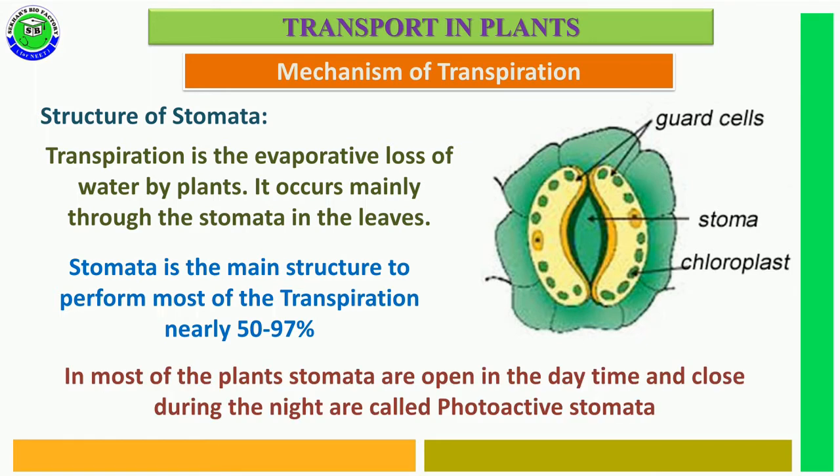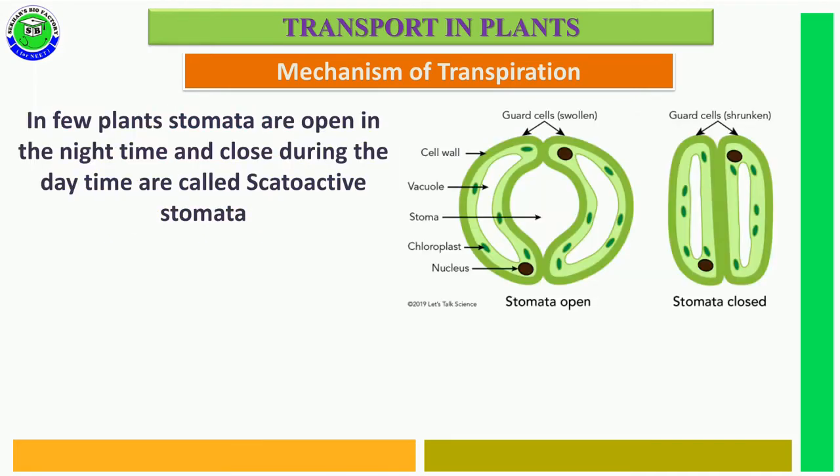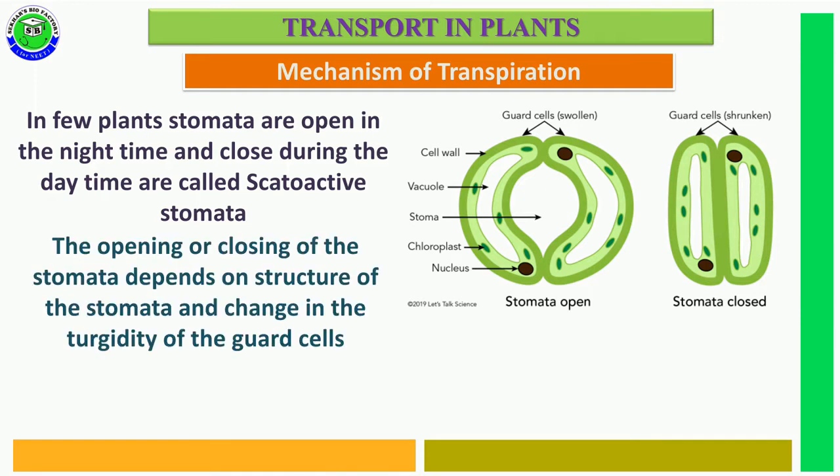In most plants, stomata are open during daytime and closed during nighttime. Such stomata are called photoactive stomata. But in xerophytic plants like CAM plants, stomata are open during nighttime and closed during daytime. Such stomata are called scotoactive stomata.